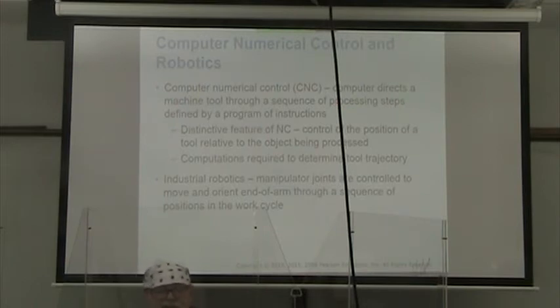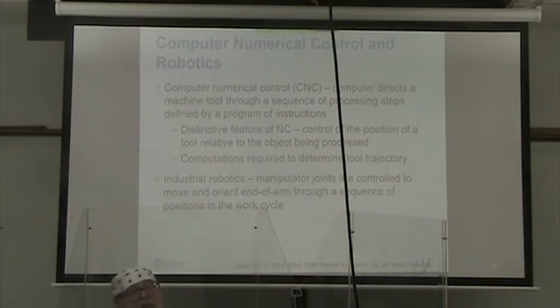So one distinctive feature of numerical control is control of the position of the tool against the position of the object being processed. We often have to do computations to determine the tool trajectory.